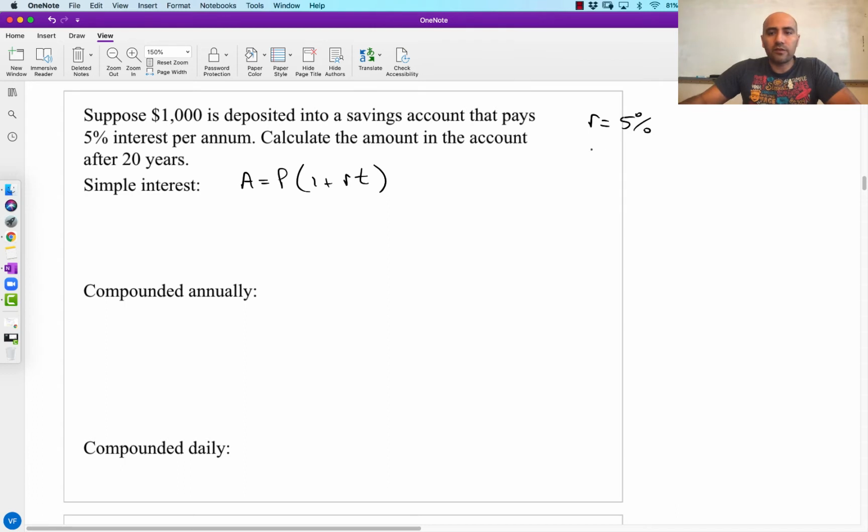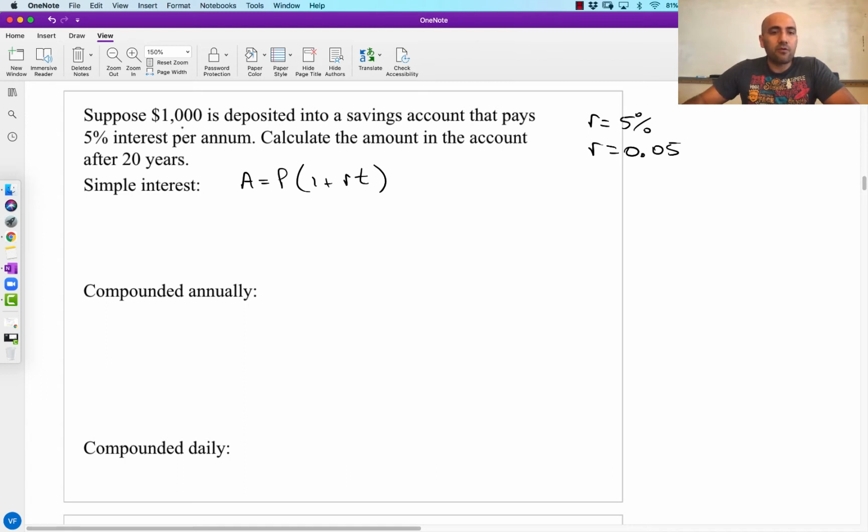Remember that we have to convert that into its decimal representation of 0.05. T is in terms of years, and they say 20 years. Now, some tricky word problems might say a year and a half or 36 months. So you're going to have to convert that into years to use it in the simple interest formula. So be careful that they match. But they do in this case: T equals 20 years.